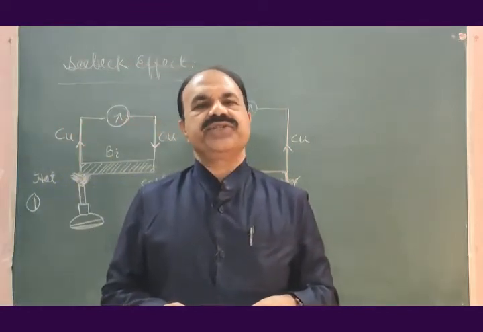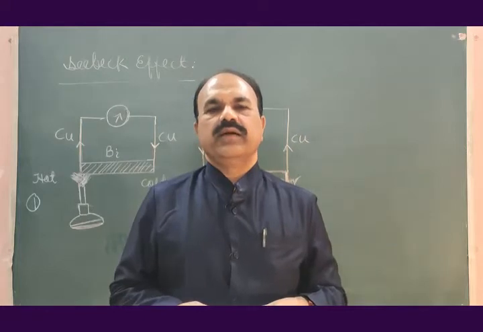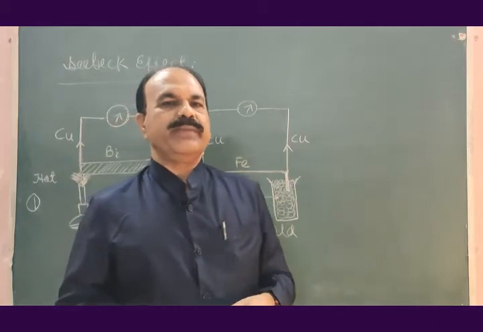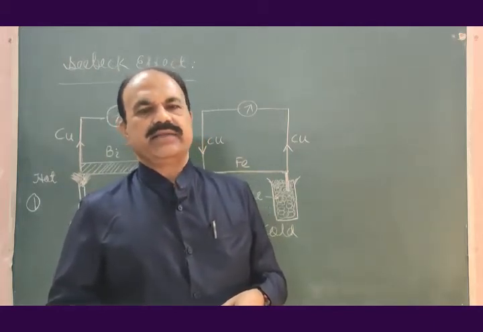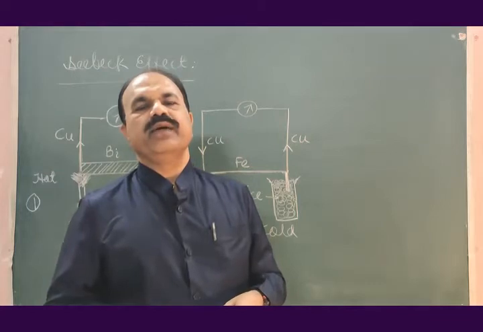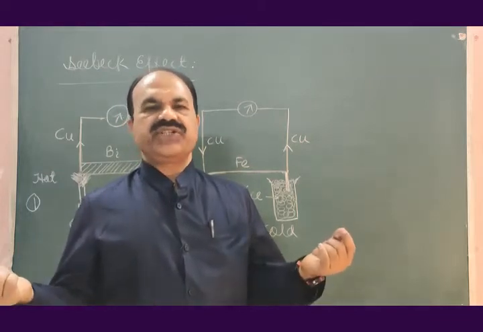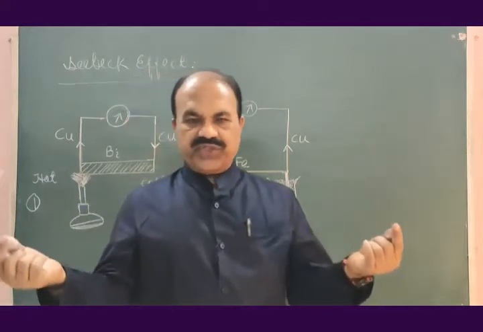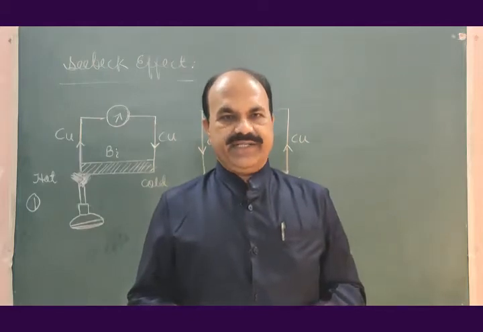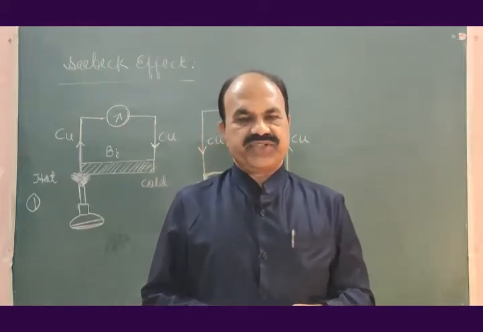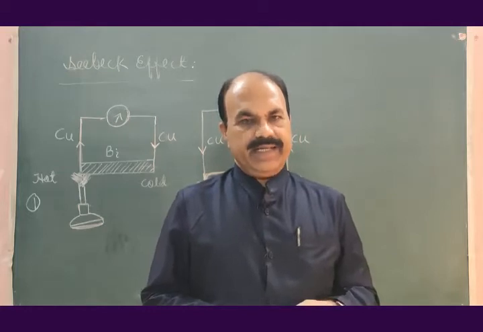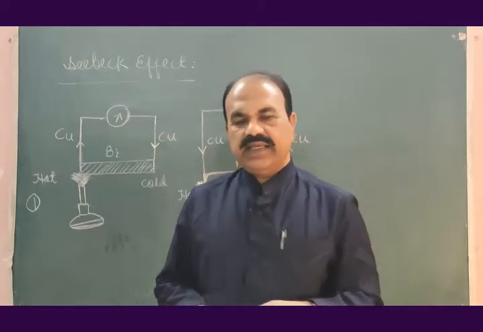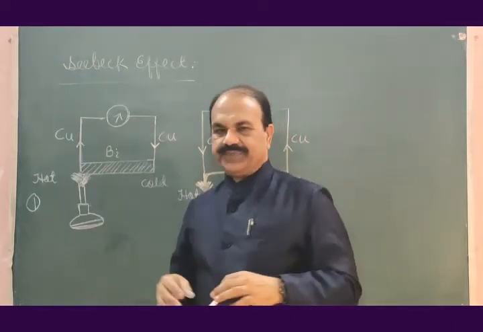The scientist Seebeck found that when two different metals are connected to form two junctions, and if these two junctions are held at different temperatures, and if a galvanometer is connected, the galvanometer shows a current.